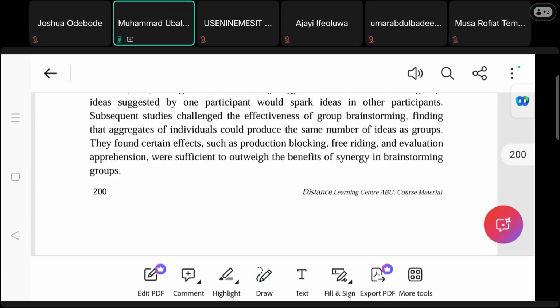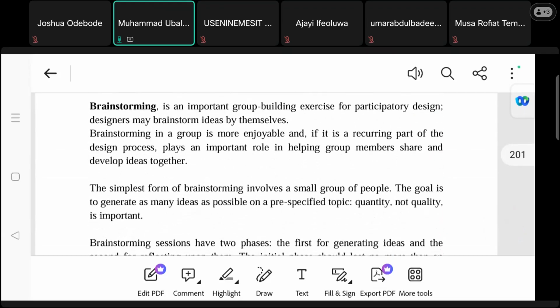And sometimes it encourages as well as enforces participation, even when people are not interested in participating. So this is one thing about brainstorming. So it is an important group building exercise for participatory design, and designers may brainstorm ideas by themselves.